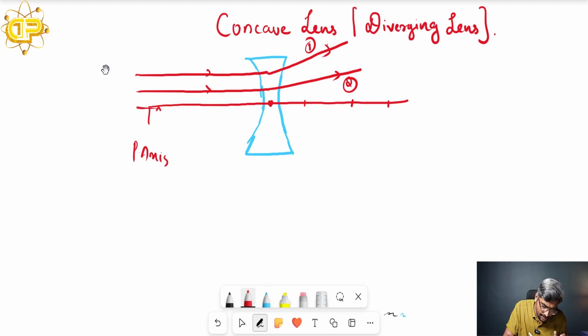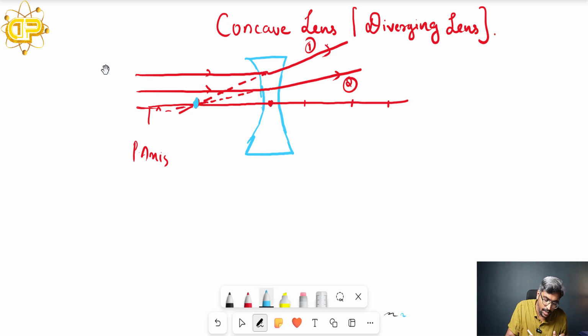So you will extrapolate this, and the first ray is moved back. I'll just use this color itself. The first ray is moved back and it meets at a point somewhere here, on the principal axis. If you extrapolate the second ray also backward, you can see clearly that it also meets at this particular point.